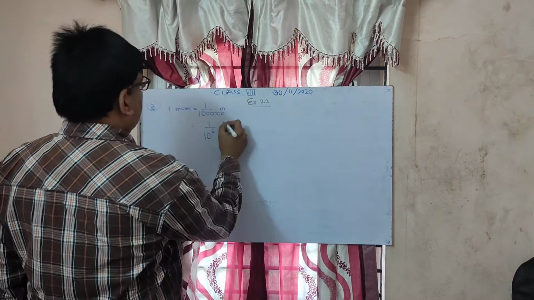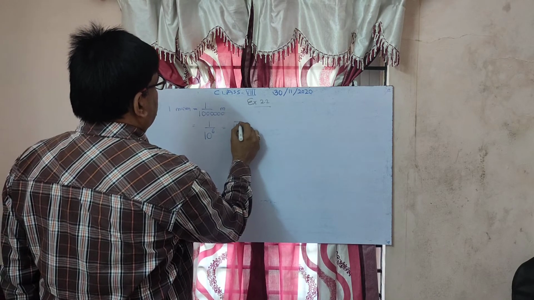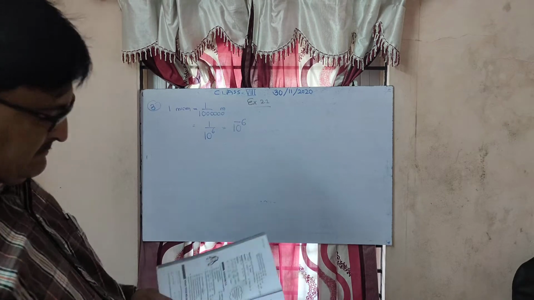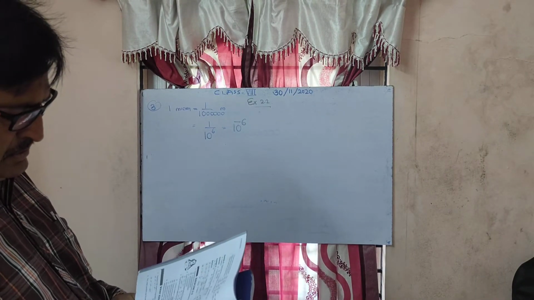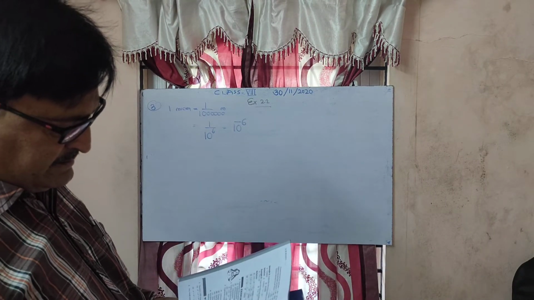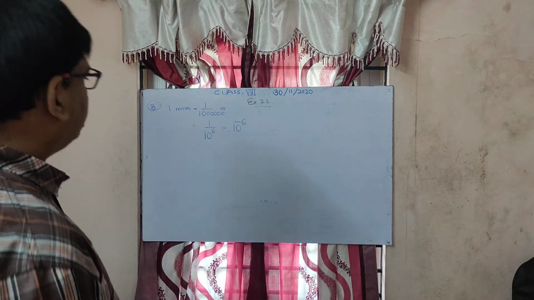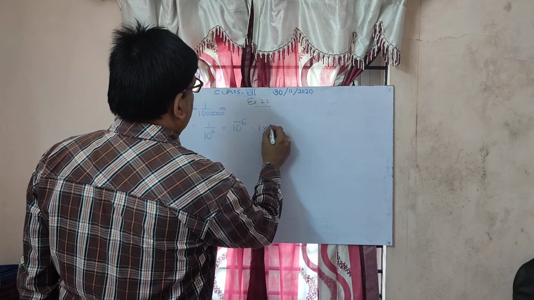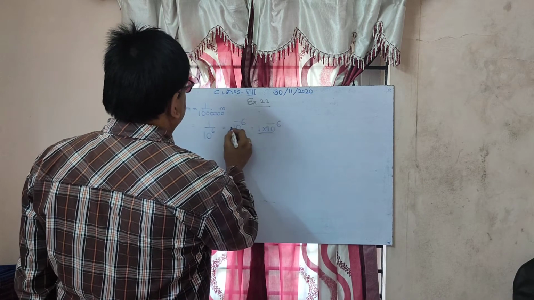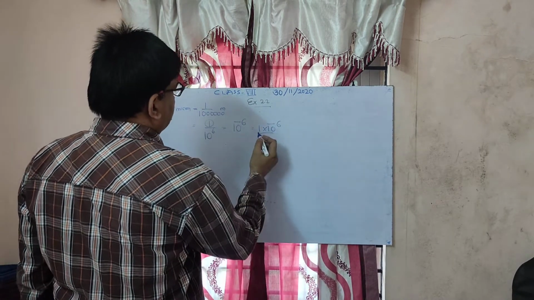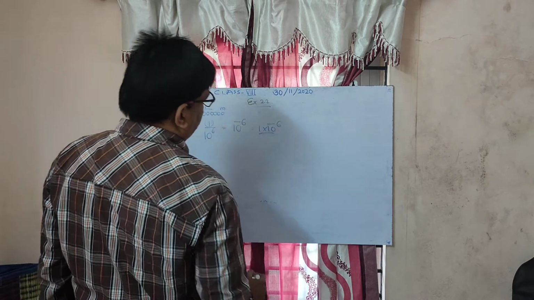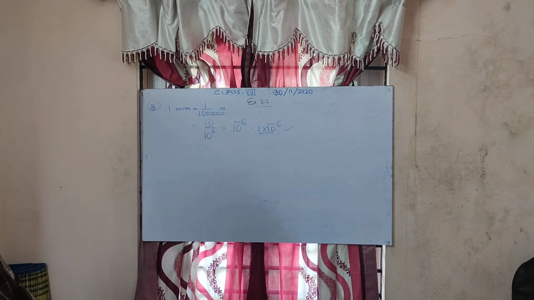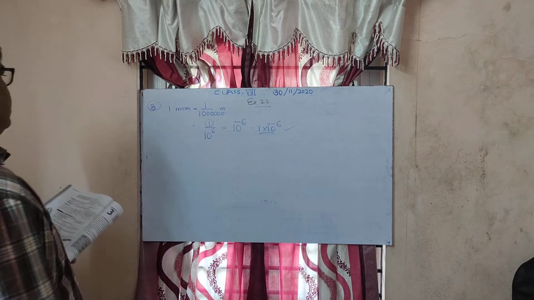So if you bring it up, it becomes 10 to the power minus 6. So how to write the standard form? This can be written as 1 into 10 to the power minus 6. If there is no number above, you can write 1 into 10 to the power minus 6. This is how the first one can be written.